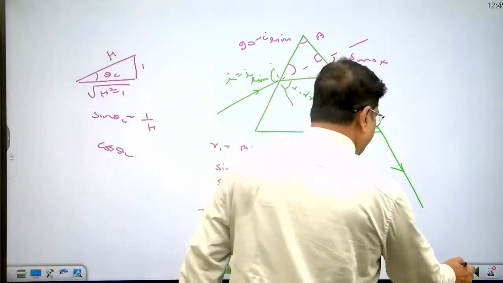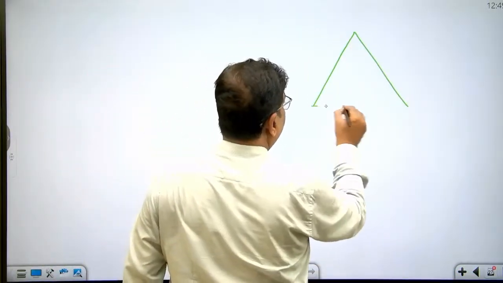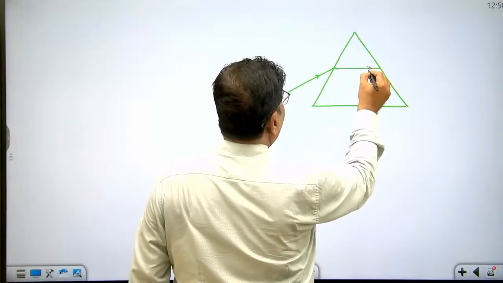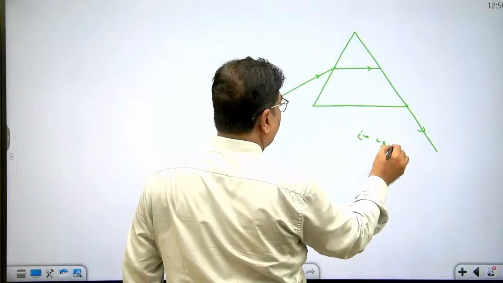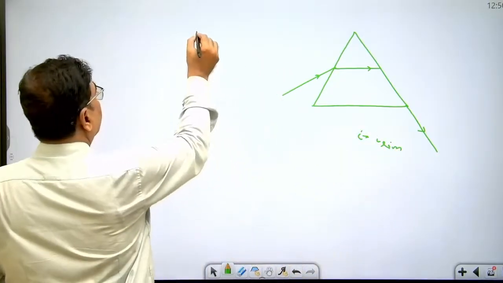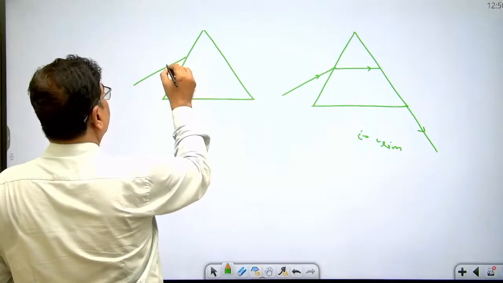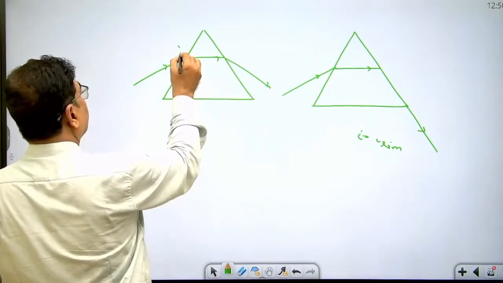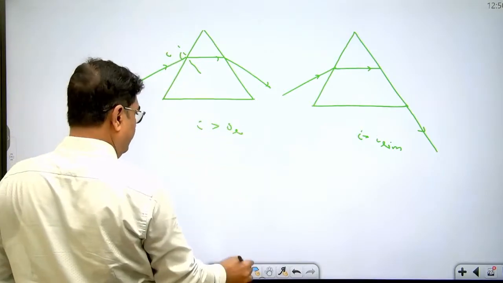Now look at the very important situations. This is the situation when I remains equal to I limiting. And this is the situation when I remains greater than I limiting.